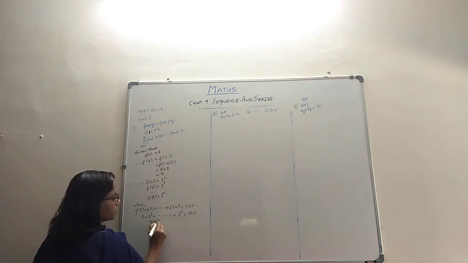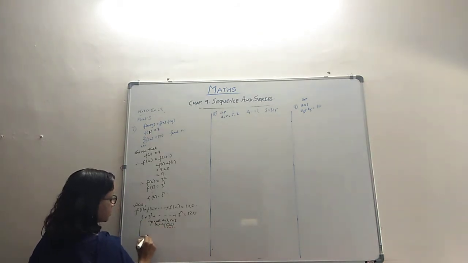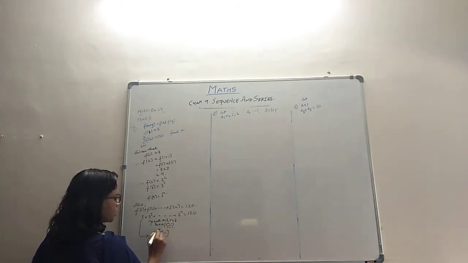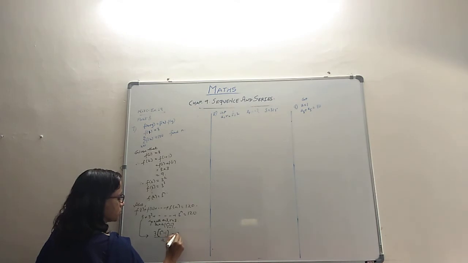Now this is a GP with a as 3 and r as 3. And we know in such cases the sum is given as a into r raised to n minus 1 by r minus 1. So let's have this sum here. It is 3 into (3 raised to n minus 1) by (3 minus 1), which is 2.